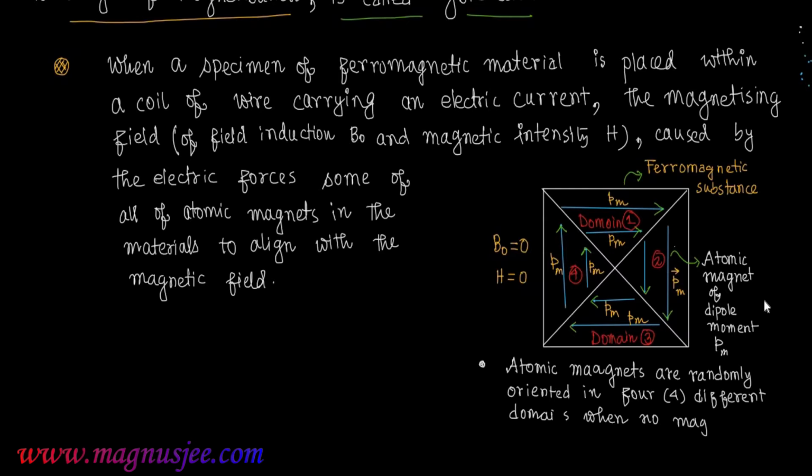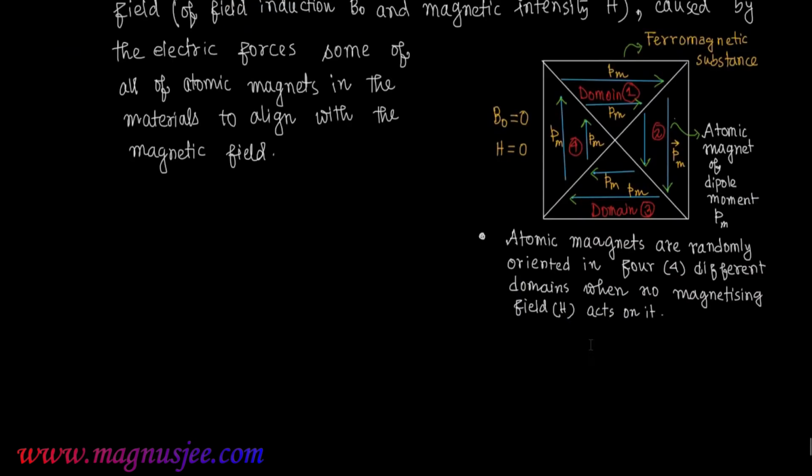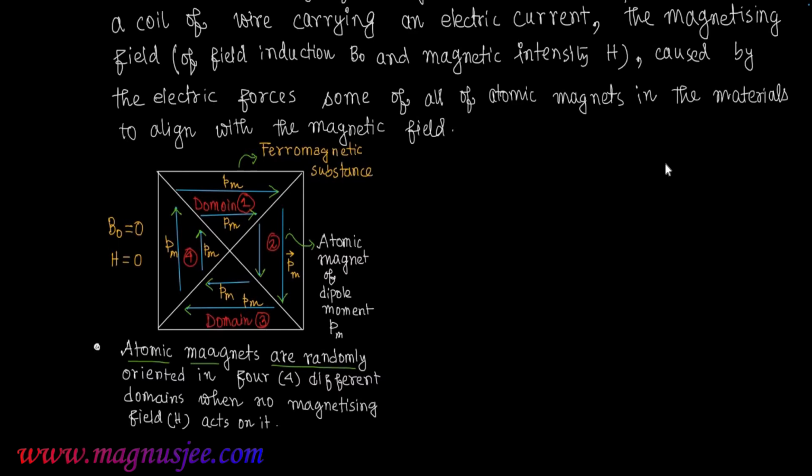And this occurs when no external magnetic field or magnetizing field of field strength H acts on this ferromagnetic substance. When no magnetizing field strength acts on it, atomic magnets are normally oriented in four different domains.